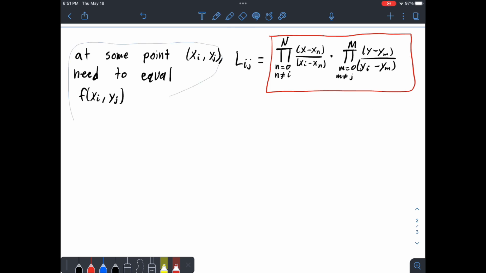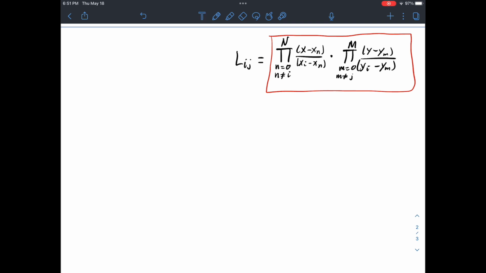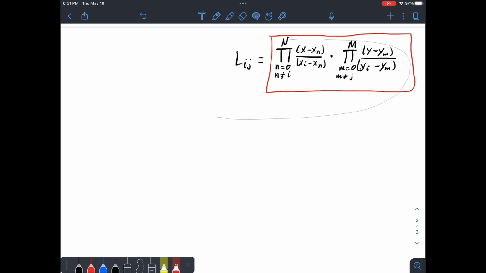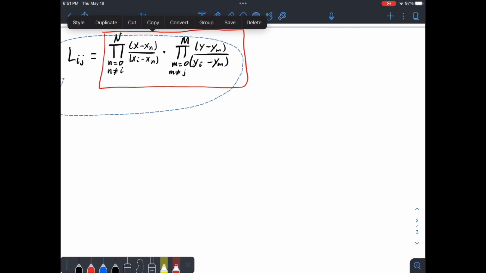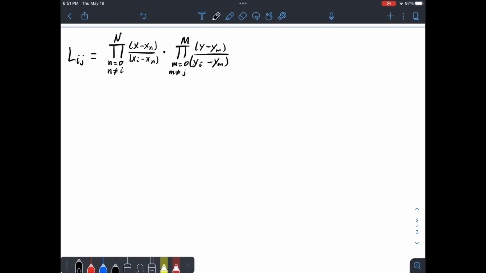So let's create some room to talk about that. What is that going to look like? We are actually going to have a double summation here. This is going to look fancy, but I promise that the notation is going to be right. So we're going to create a polynomial Pnm, of capital N by capital M degree.